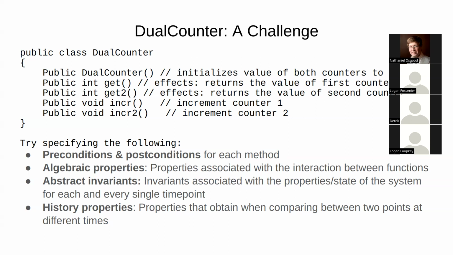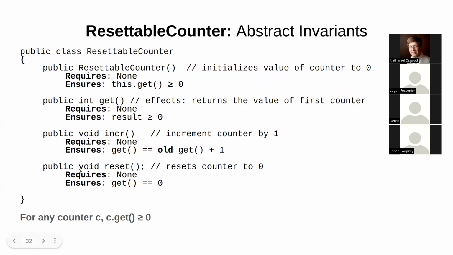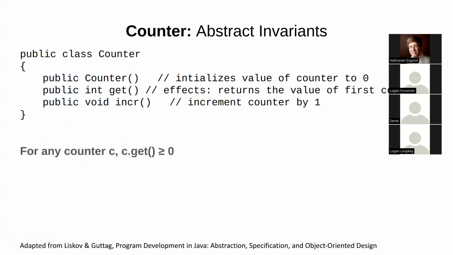An abstract invariant is not actually stating that there's some equivalence between properties. Let's go back to the very first one.